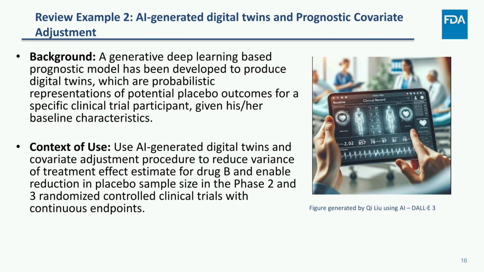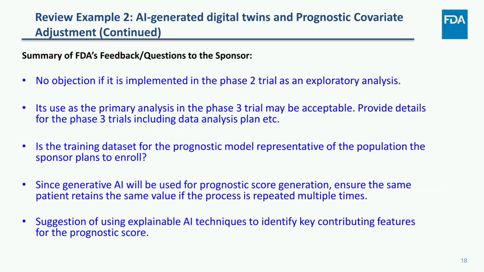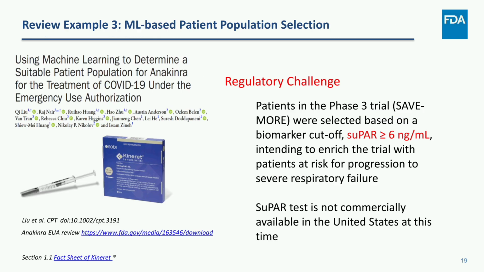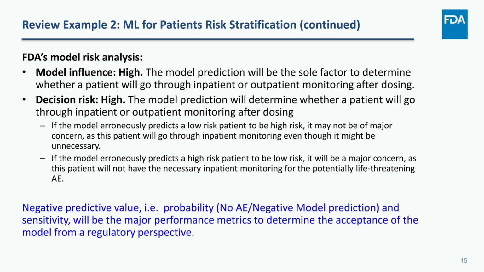Loss in precision, compared with an unadjusted analysis. Review example 2: AI-generated digital twins and prognostic covariate adjustment, continued.